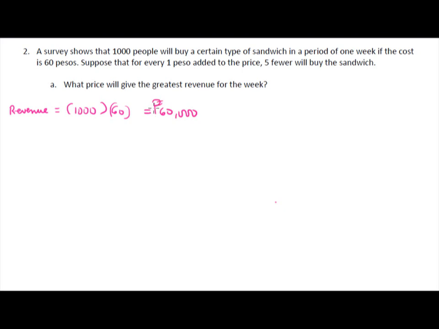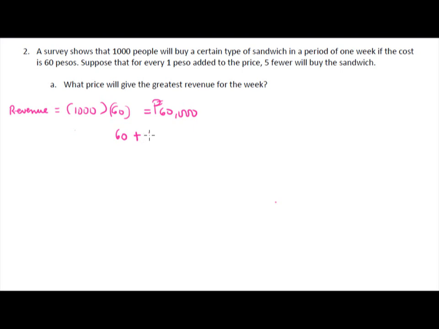But that is not the case because it says, suppose that for every 1 peso added to the price, 5 fewer will buy the sandwich. So every time I add 1 peso to the price, that is 60, 5 fewer will buy the sandwich. For every peso you add, you cannot just say 1 and 2.